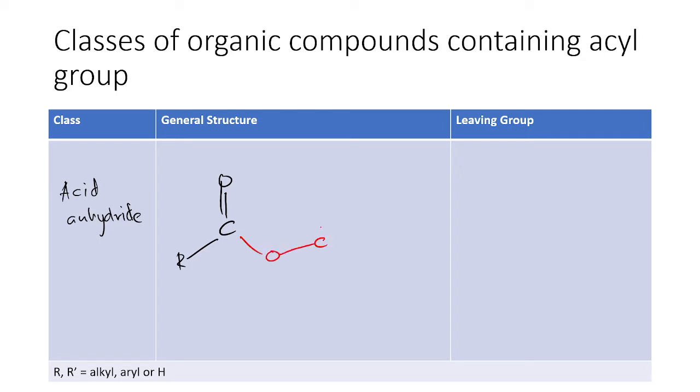So we will have this anhydride. Okay? So this is our acid anhydride, and as you may notice here, the leaving group here is our anhydride, which is actually just another acyl group na merong oxygen. Okay?